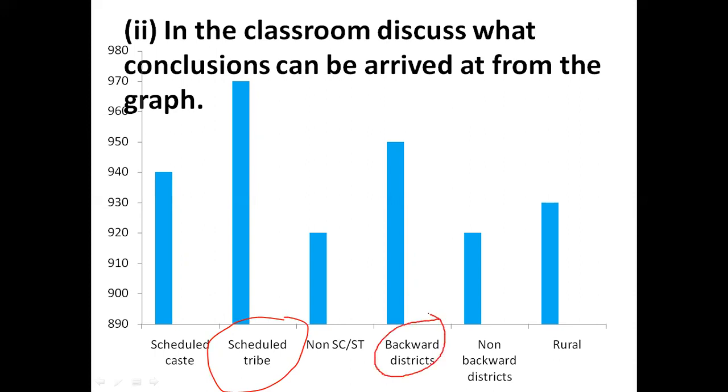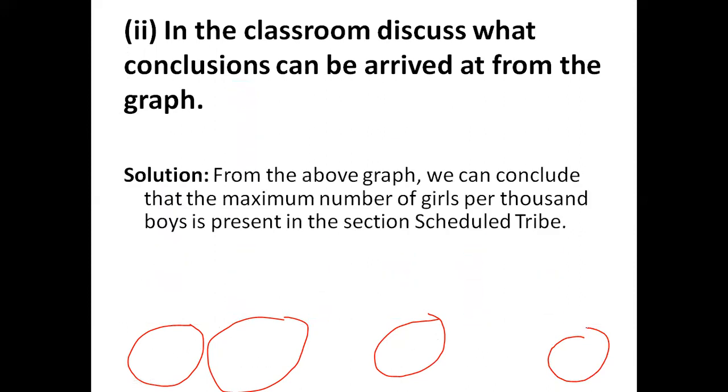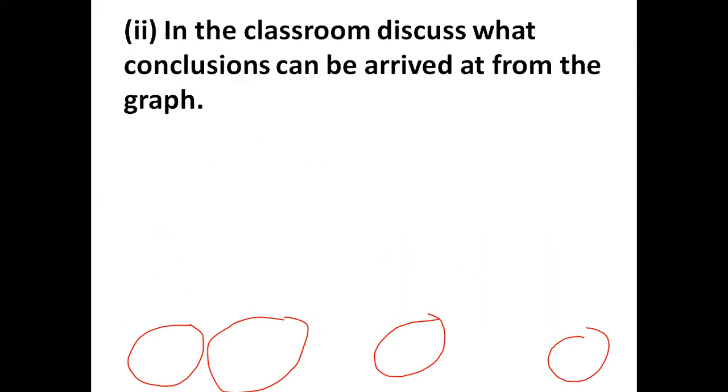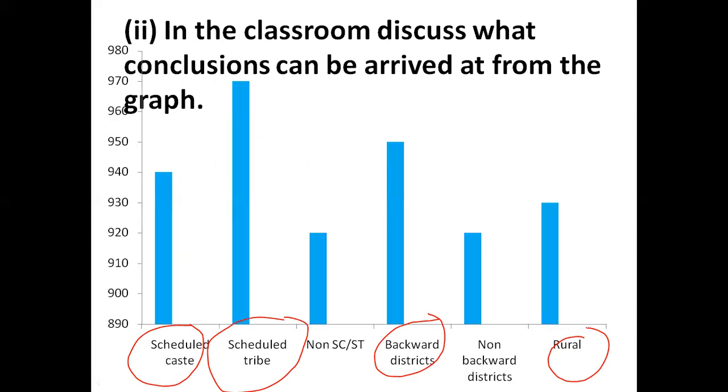Then we have the backward district, then the scheduled caste, then the rural. So we can conclude that the maximum number of girls per thousand boys are present in the scheduled tribes, because we have already seen that the highest height was found in case of scheduled tribe.